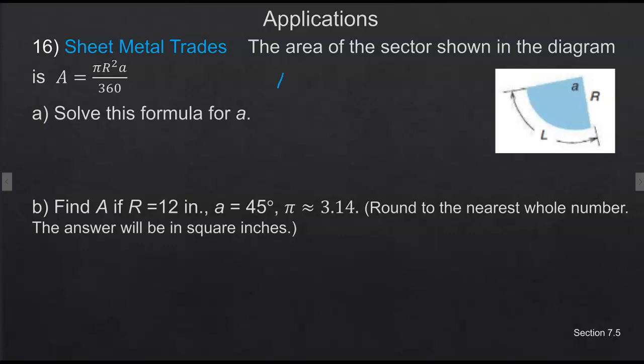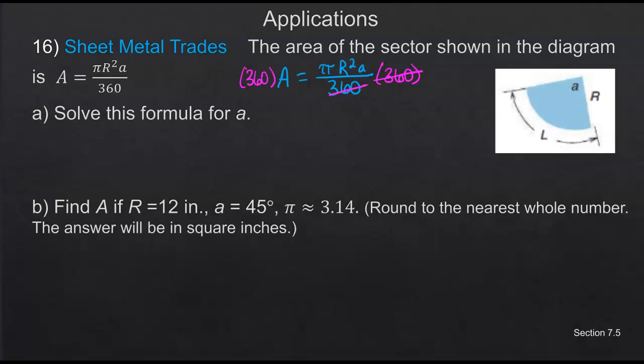I'm going to write this out first of all so I have some working space here. We're solving for the lowercase a and it's in the numerator. So first step, we multiply by 360 so we can clear out our denominator of 360. That always cancels it out when we multiply.